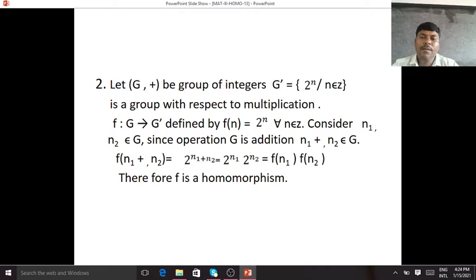Second example: let (G, +) be the group of integers and G' = {2^n such that n belongs to Z}, a group with respect to multiplication.